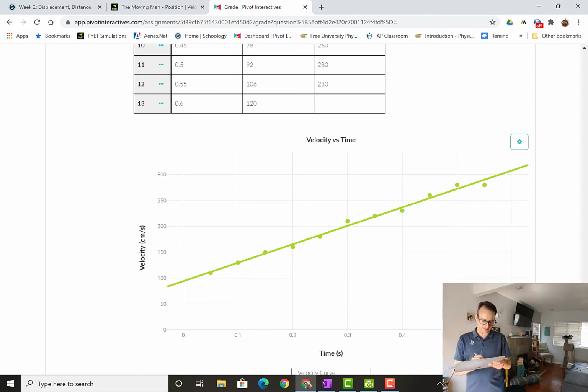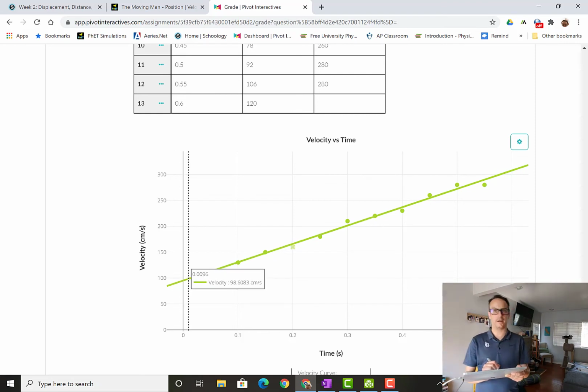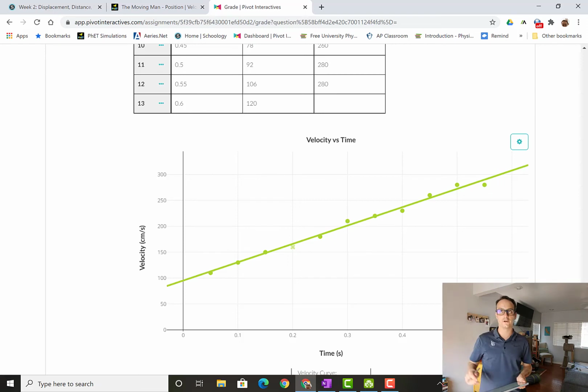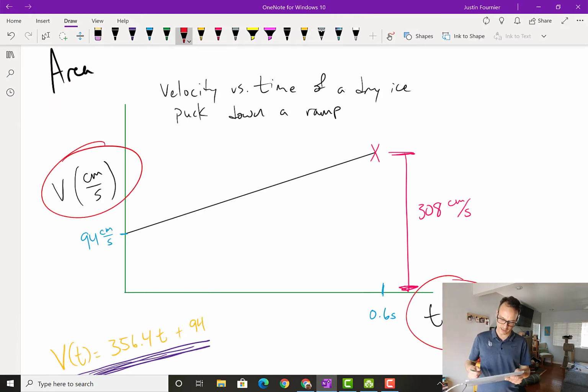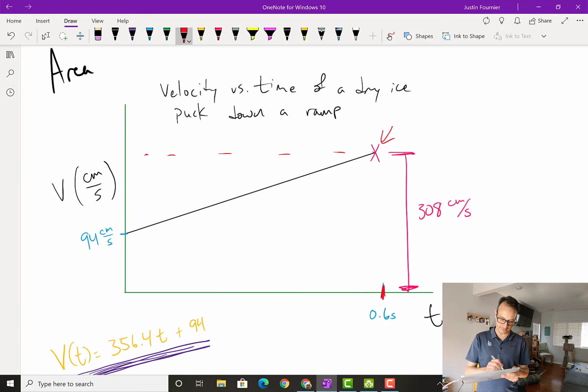If not, at least try and identify what your vertical intercept is, and then I'm going to go from the 0.6 second mark. So you're going to sketch out, like I've done here, a velocity versus time graph. Mark 0.6 seconds and find out what the velocity is, either by extrapolating back to find that data point.